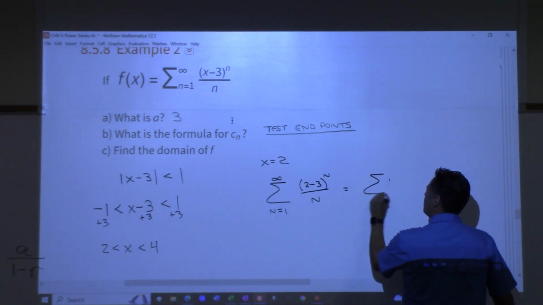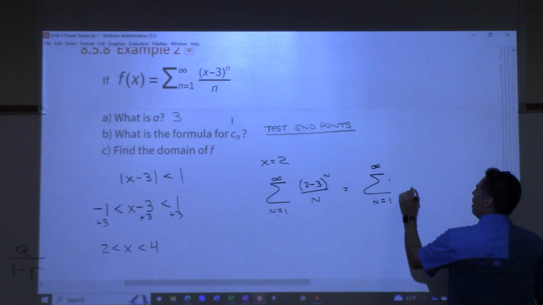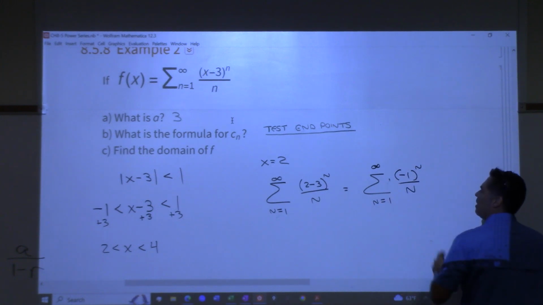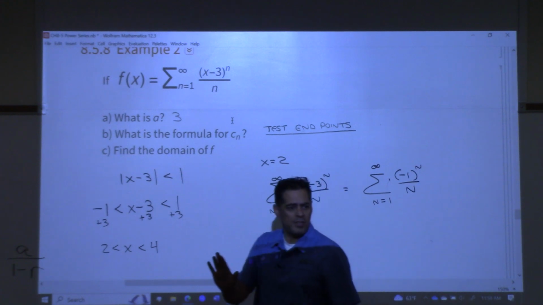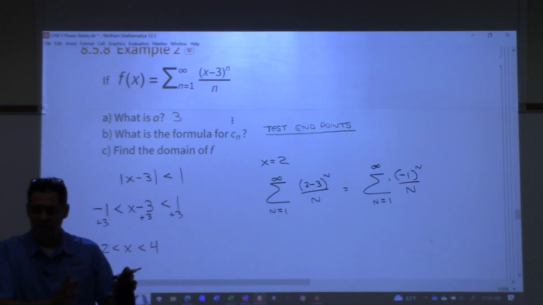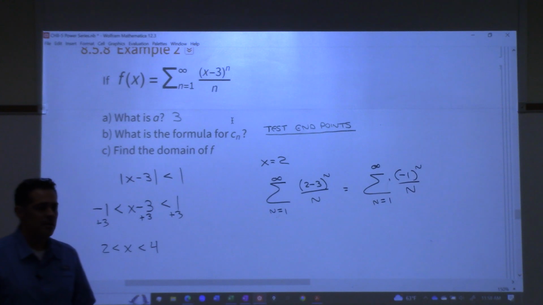And that would become the sum from n equals 1 to infinity of negative 1 to the n over n. Isn't that what it would turn into? See, we're not looking at a power series anymore, are we? No. We're looking at an actual series from the previous sections, because x isn't there anymore because we replaced x with 2, or negative 2, right?